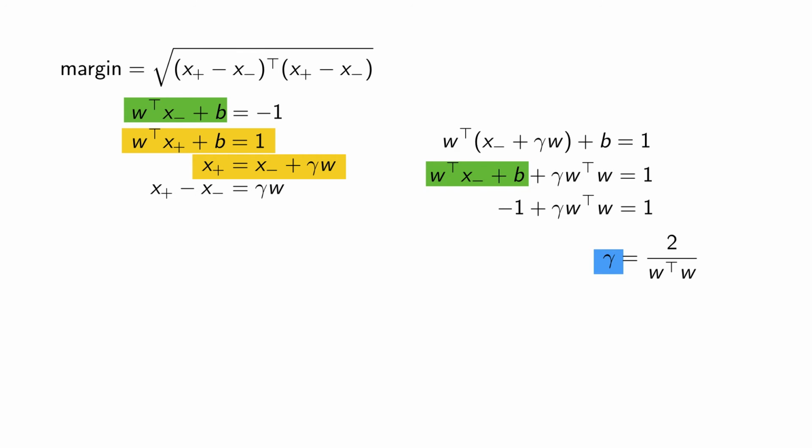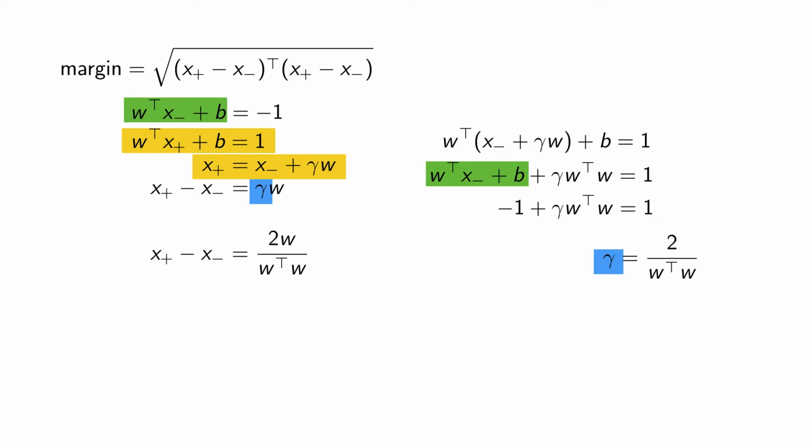And we can take this and plug it right into yet another equation we've scribbled on the screen, and we get that x plus minus x minus is equal to twice w divided by w dotted with itself.